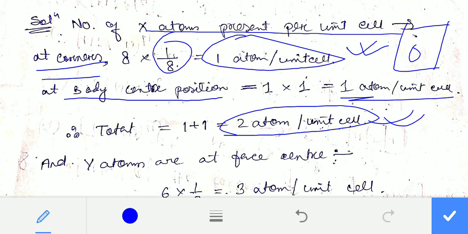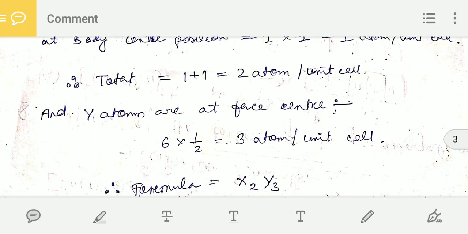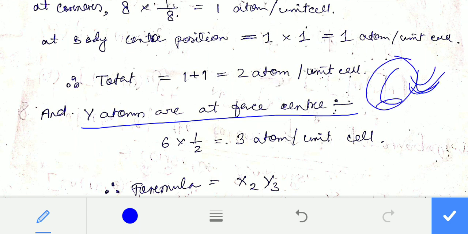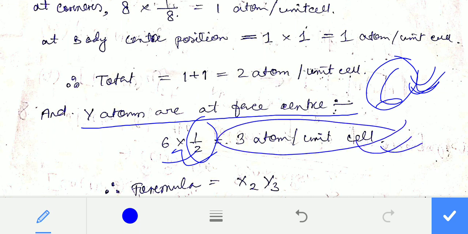And here Y atoms are at face centers. Now we know that in a cubic unit cell there are 6 faces, and each face atom contributes half to the unit cell, right? Since 6 faces are there, and the contribution per face is 1 by 2, a total of 3 atoms per unit cell are there.